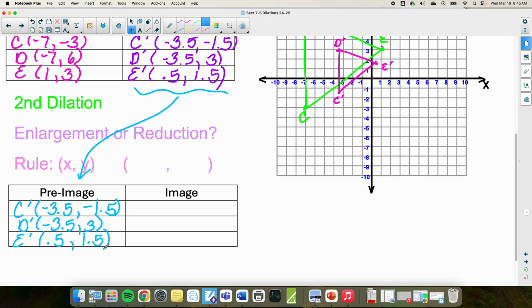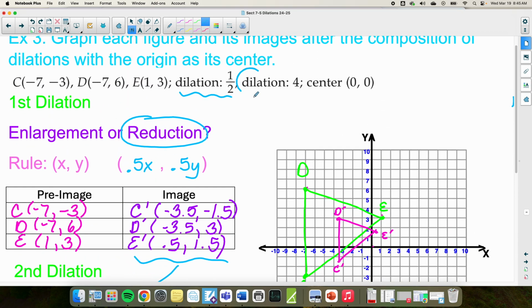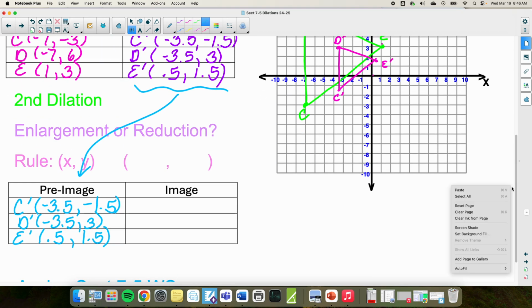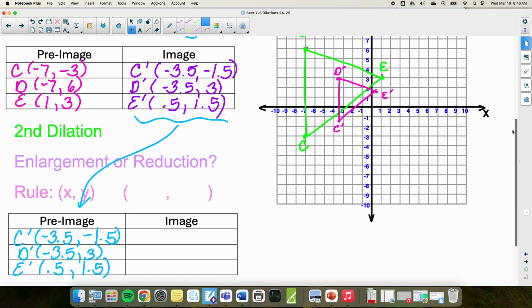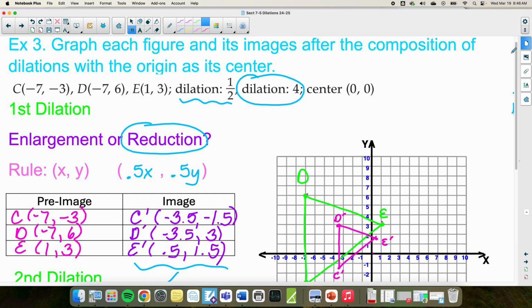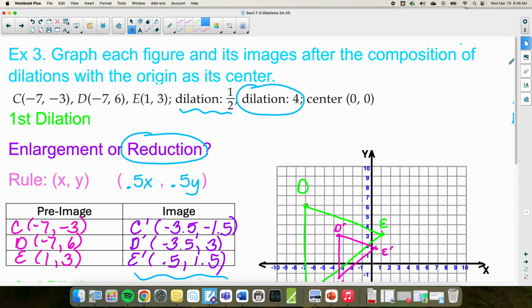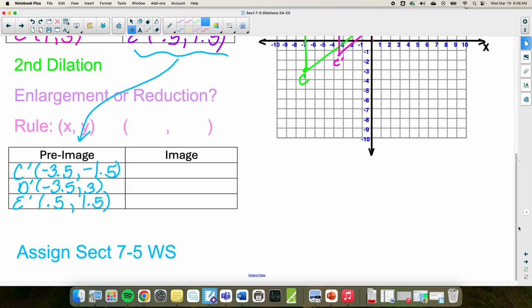Okay? Now we still have to answer those questions under the second one. This second dilation right here, they tell me that it's 4. Do you guys get that? I can't use 4 because that's going to go off the graph. So we're going to change that 4. Can I go by 3? I don't think so. Let's do our second dilation to be 2. If I do that as 2, that is an enlargement.